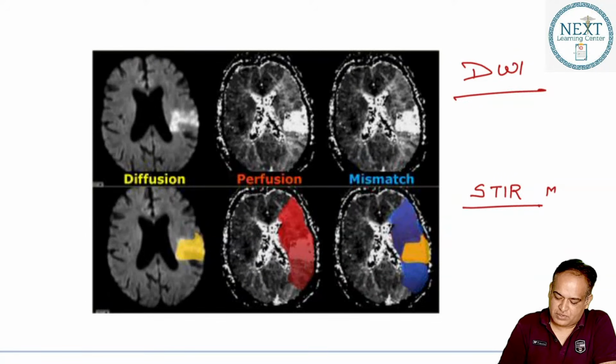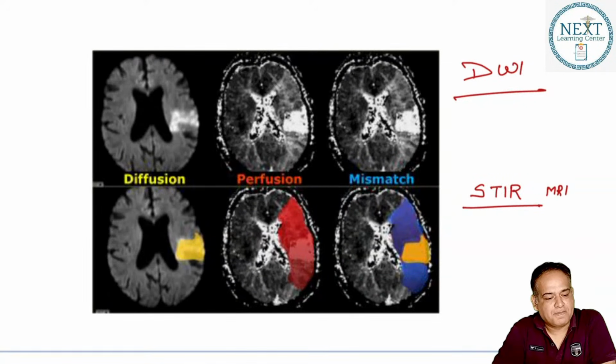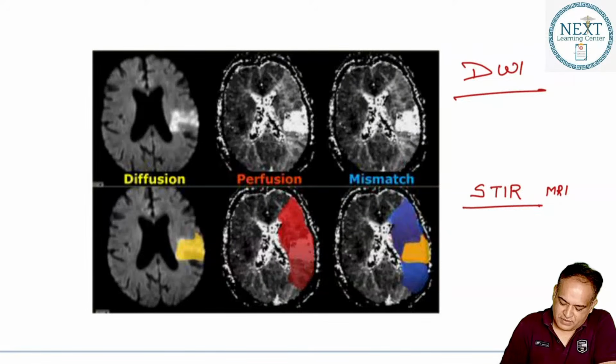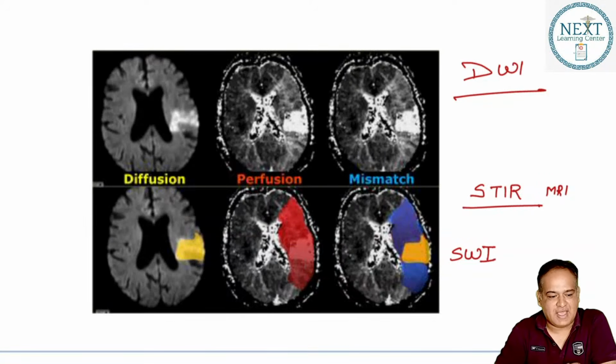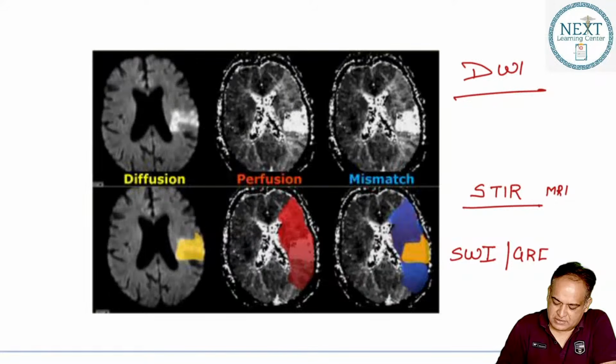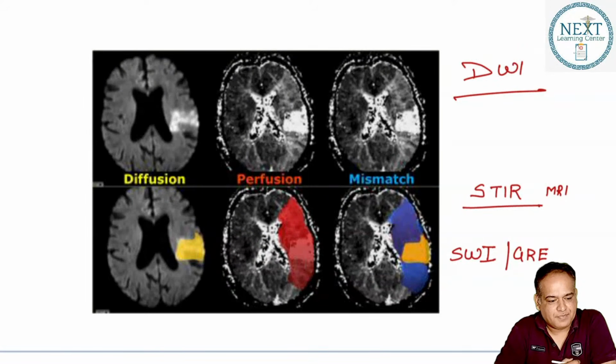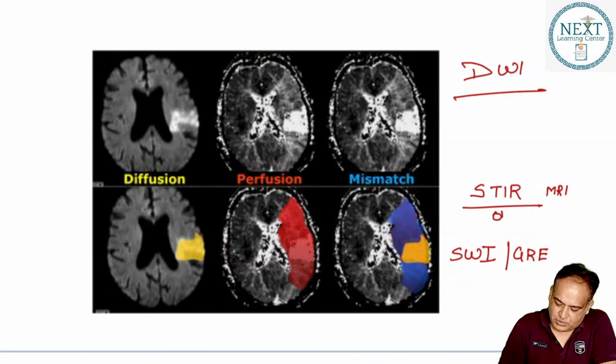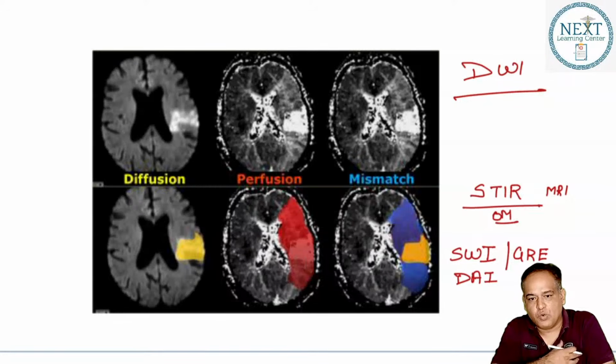Besides that, what is the use of SWI? SWI MRI has got a cousin, GRE MRI. So STIR MRI, short tau inversion recovery, is for osteomyelitis, and SWI is for diffuse axonal injury like micro bleeds, right?